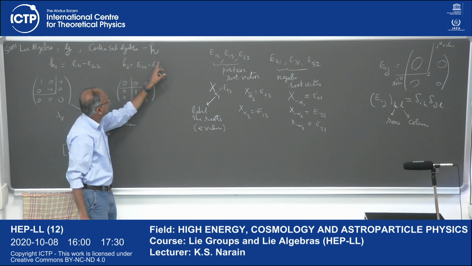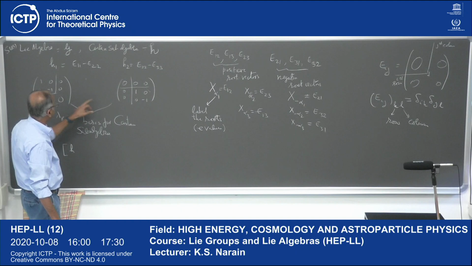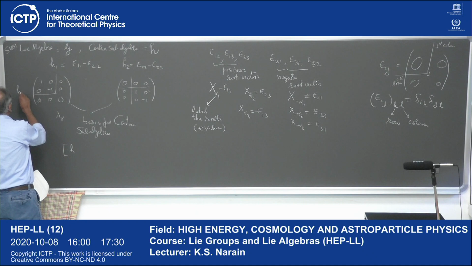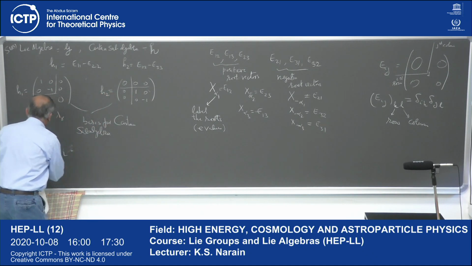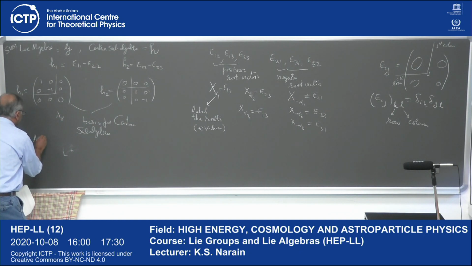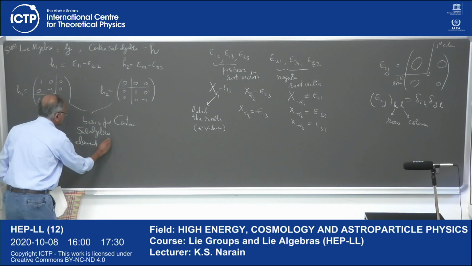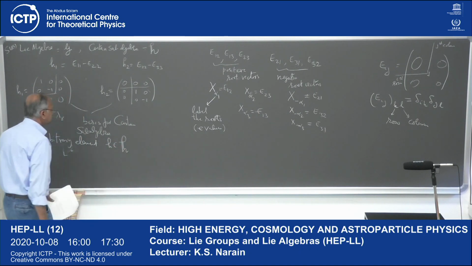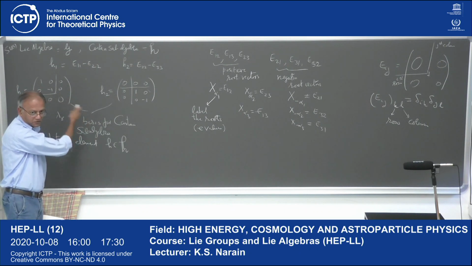Cartan subalgebra. And for this script H, I have chosen these two bases, H1 and H2. So H1 is this, and H2 is this. Okay. So an arbitrary element H belonging to curly H can always be expressed as a linear combination of these two, because this is the basis.